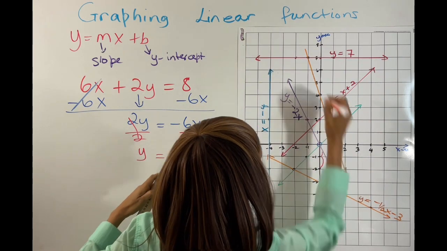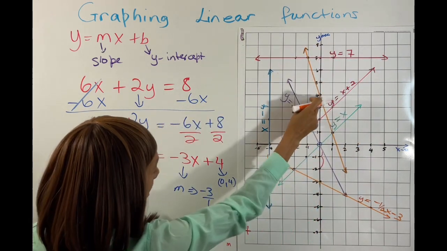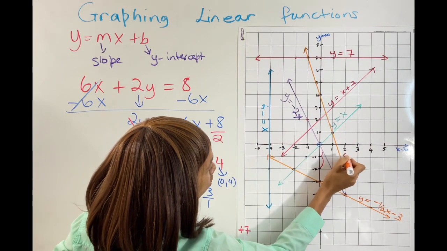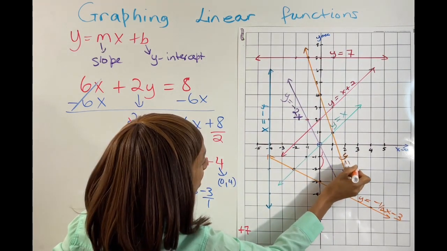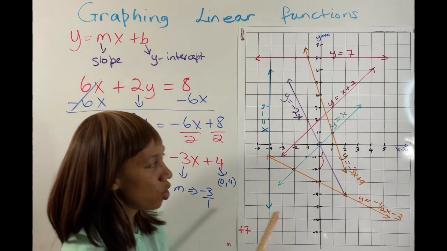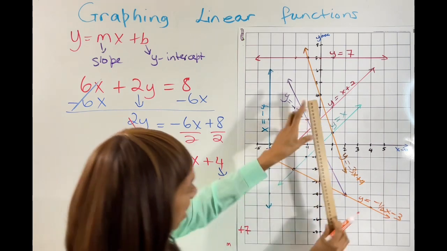And so this is what your graph is going to look like. It's passing through +4. It is a negative slope, and you must label it -3x plus 4.